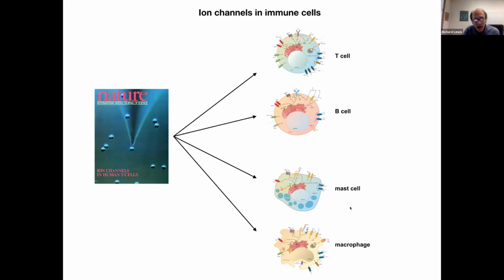Channels do a lot of things, a lot of housekeeping functions, as well as functions that are essential for the immune response. So I'm going to focus on channels that generate calcium signals. Calcium is widely known as one of the most promiscuous second messengers. Every cell depends on calcium for its physiological behaviors, and immune cells are no exception to this.